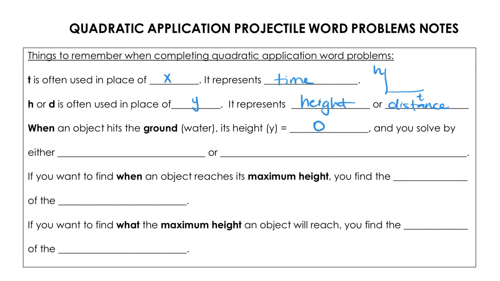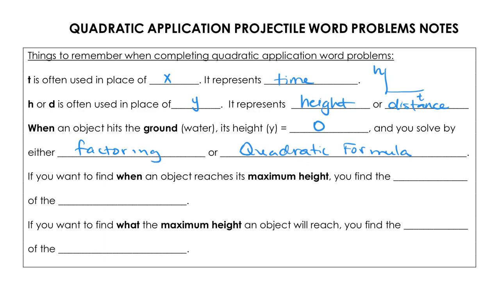And you solve it by either factoring or the quadratic formula. You can do, in some cases, the square root method, just like when we were solving them in our last unit, but we will usually use factoring or quadratic formula.